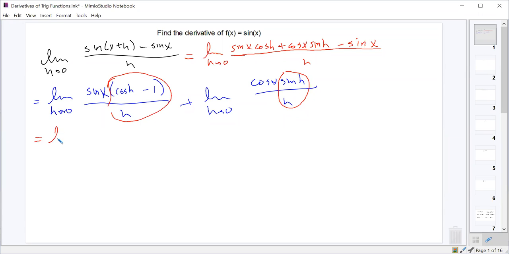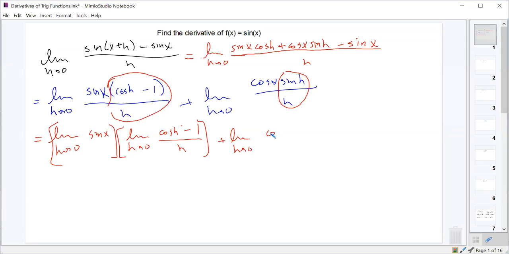So if I were to write this as the limit as h approaches 0 of sine x by itself times the limit as h approaches 0 of cosine h minus 1 over h by itself, I could at least evaluate this one, right? And I could do the same thing over here. And with any luck, we can now evaluate all of these.